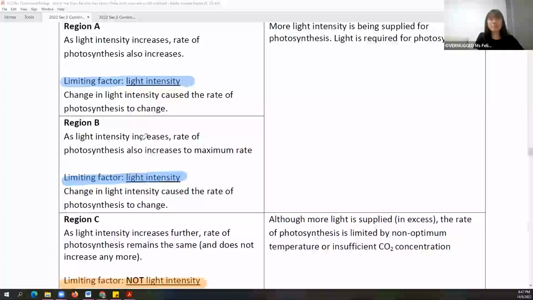Do you notice A and B, which is the slant line, versus C, the horizontal line? If in region C light intensity is not the limiting factor, that means other factors will be the limiting factor. So what are the other factors of photosynthesis? That will be temperature and carbon dioxide concentration. These will also be the limiting factor.